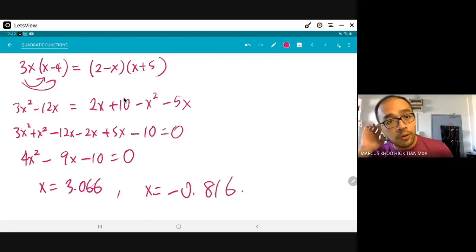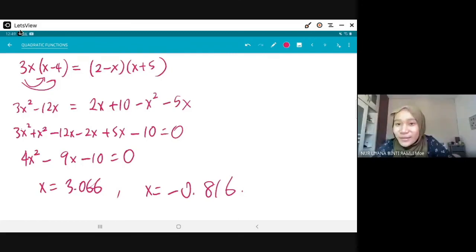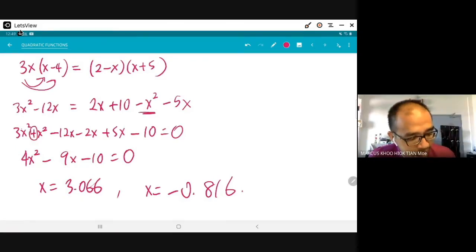Ini sepatutnya jawapannya lah. So what happened Liana and Fikri? Macam mana kamu dapat jawapan yang lain? Kami salah dekat x square tu, yang paling atas. Sebab kami letak negative x tu. Okay, alright.